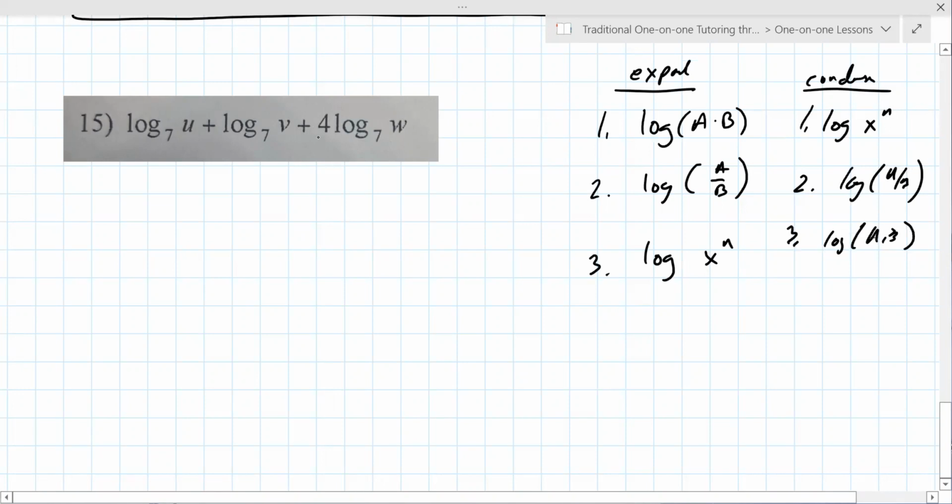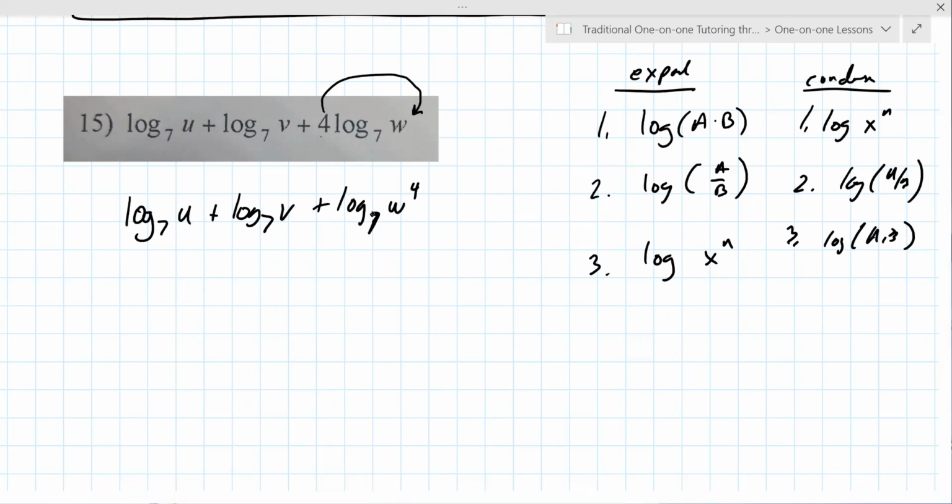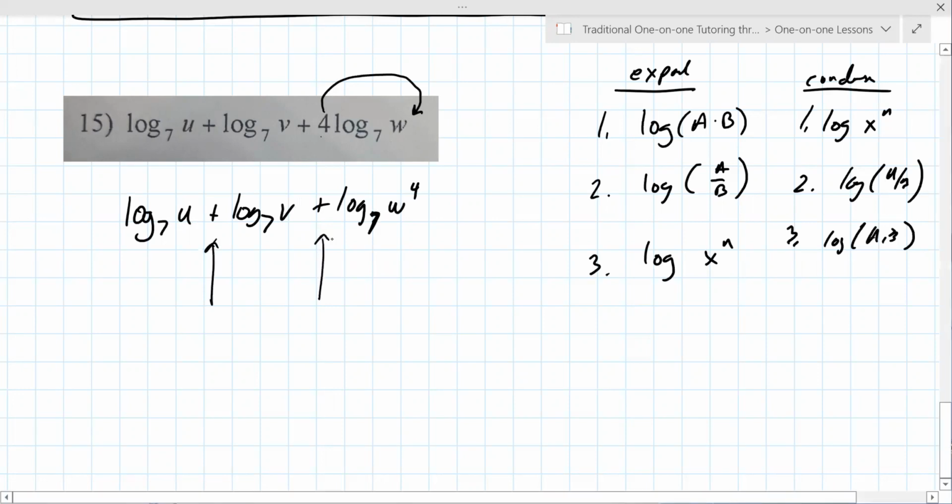So this one here, if you see a number out in front, you want to move that exponent up first. So log base 7 of u plus log base 7 of v plus log base 7 of w to the power of 4. And then you should recognize, okay, there's a sum. Sum becomes a product.